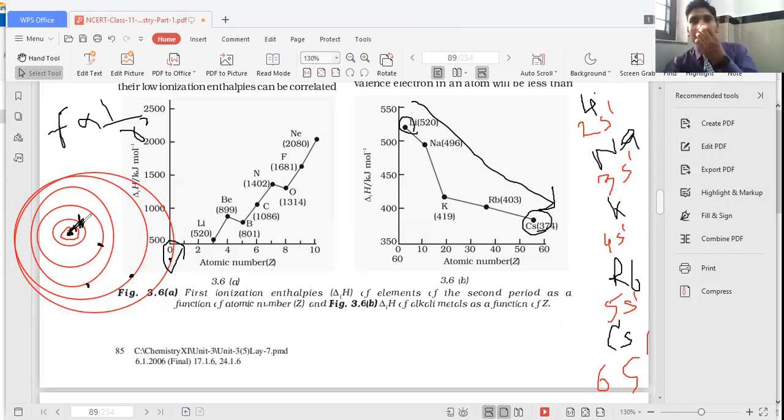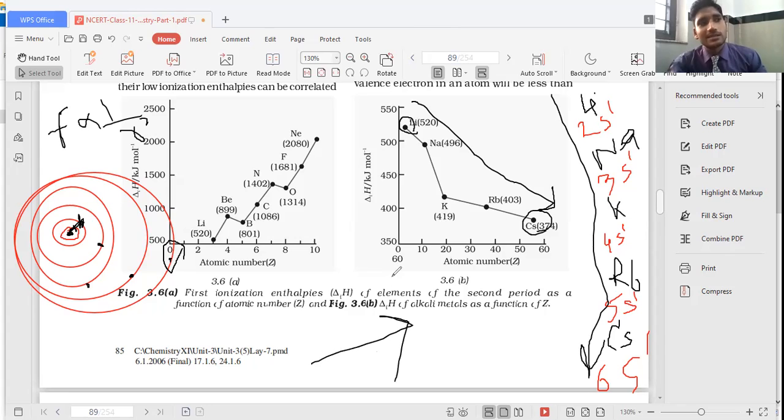In lower orbits, electrons are attracted by the nucleus with greater force, right? So lithium has the maximum value of ionization enthalpy. It means down the group, ionization enthalpy keeps on decreasing. Along a period, ionization enthalpy keeps on increasing. Clear? Any problem? I hope it is clear to all of you. Let's move forward.